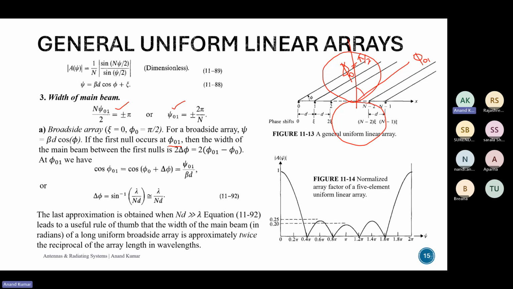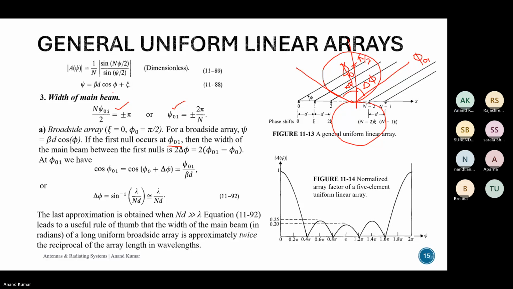Now this angle is delta phi, and the width of the main beam between the first nulls is 2 delta phi. This is symmetric, and this is also delta phi. So 2 delta phi is equal to phi 01 minus theta.